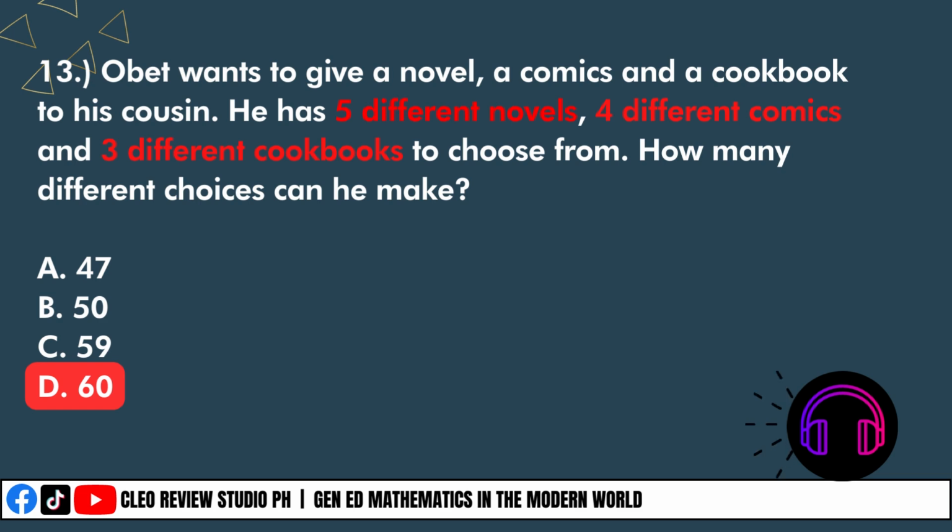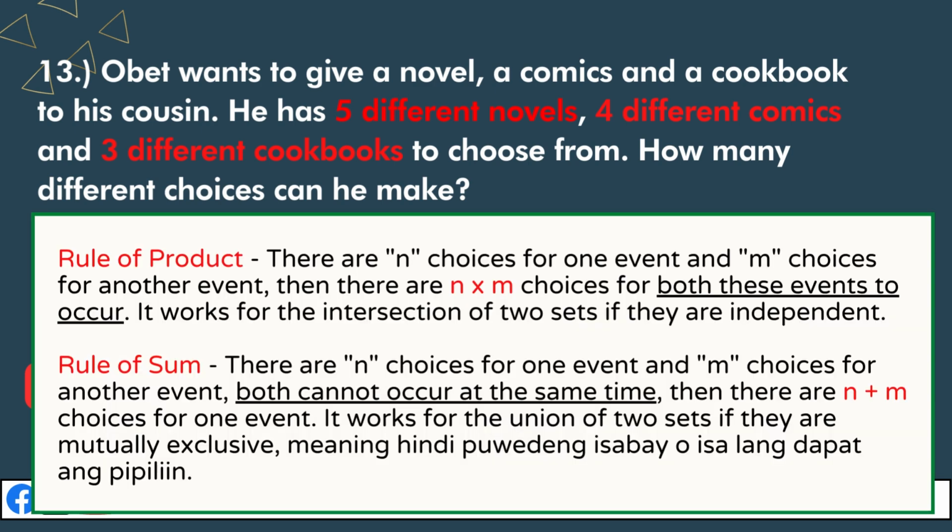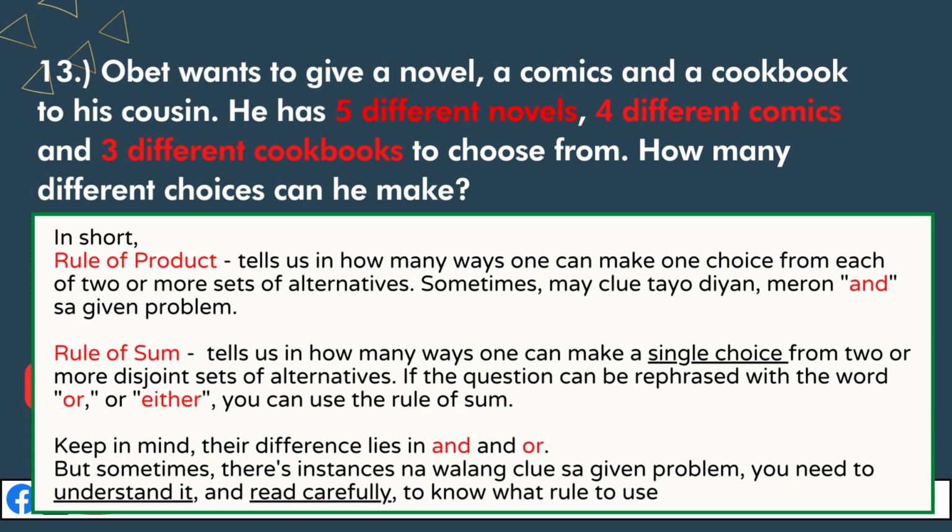As a result, he has 5 times 4 times 3 is equal to 60 ways for selecting a novel, a comic, and then a cookbook. Tandaan, kapag ganito ang tanong, rule of product ang applicable than the rule of sum.